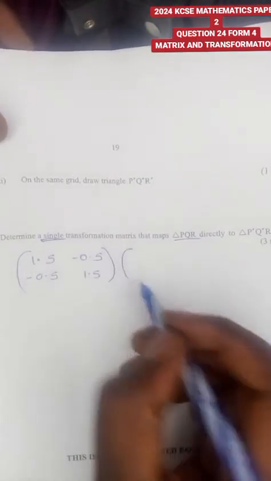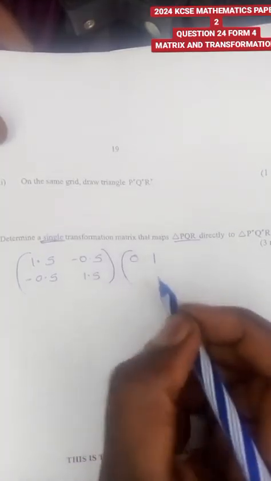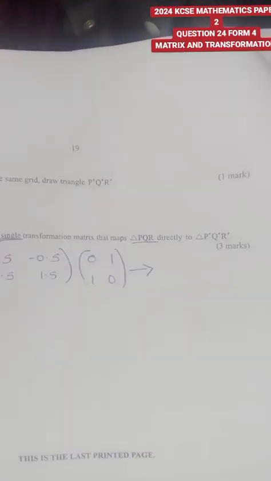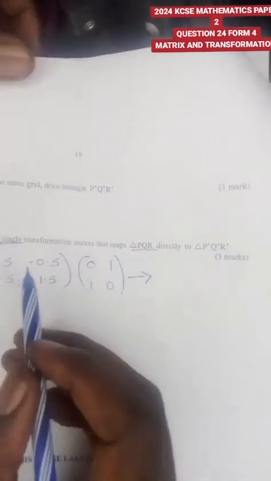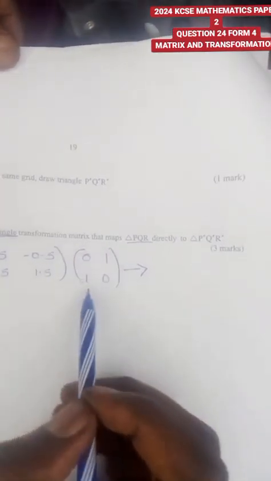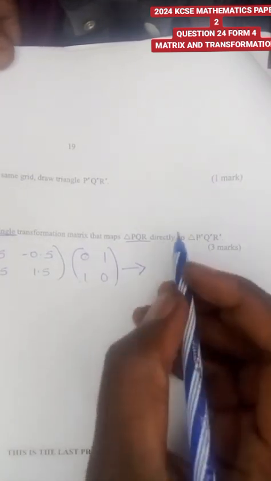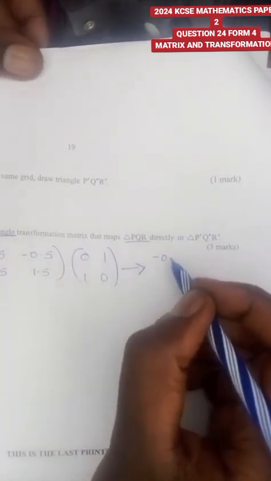So let us find the answer to this and to find the single transformation. So to multiply, we know row and column. So if I multiply this times that is 0, this times this is the same thing. So -0.5. Same to this part. I'm going to multiply 1.5 times 1 and the other one times 0.